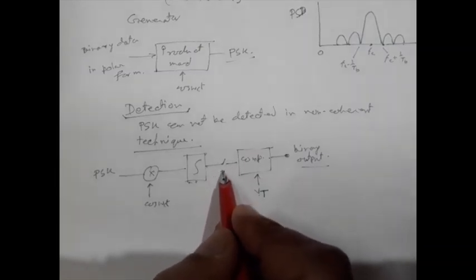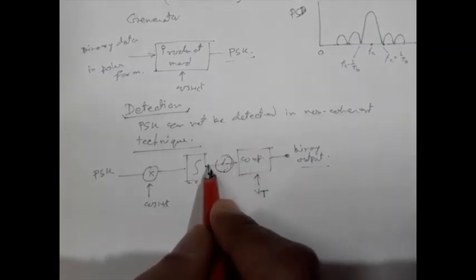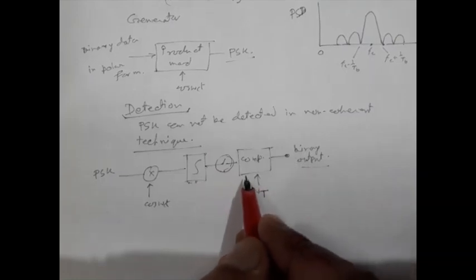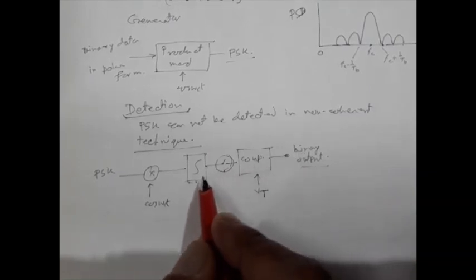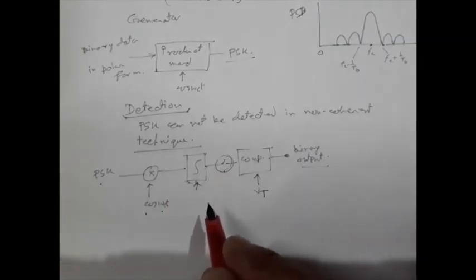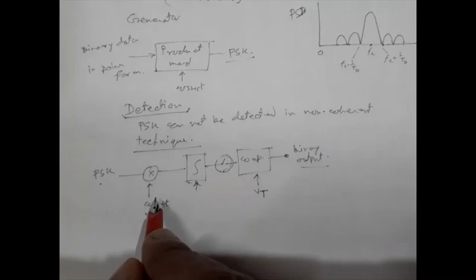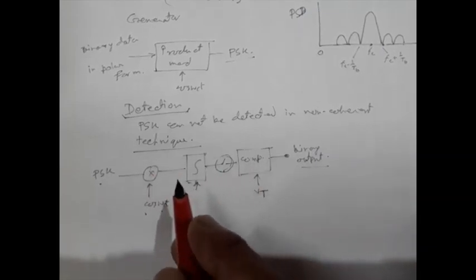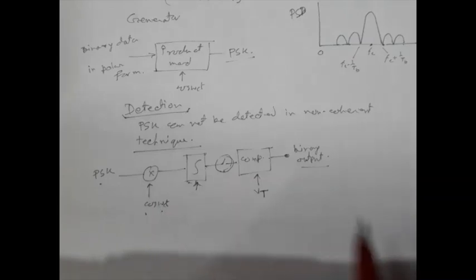Or we can even eliminate this one also. This output may come to the comparator and we will get the binary output in a continuous fashion. But this one requires bit synchronization and this one requires phase synchronization, and that makes PSK detection costlier, because it cannot be detected in a non-coherent fashion. Non-coherent technique means it is cheaper, but coherent technique means it is costlier. So PSK detection is costlier compared to the equivalent ASK.